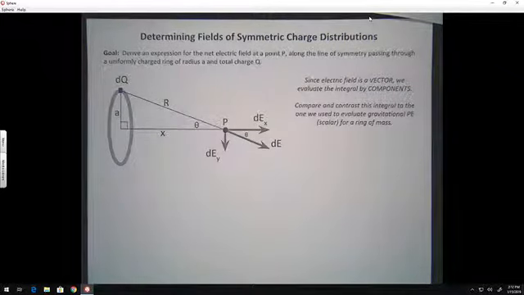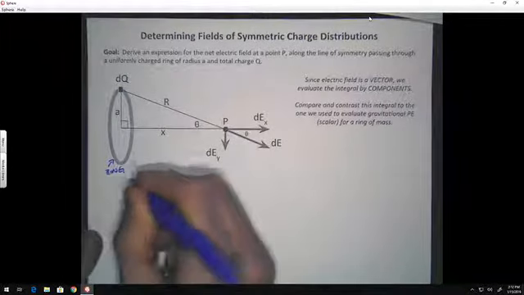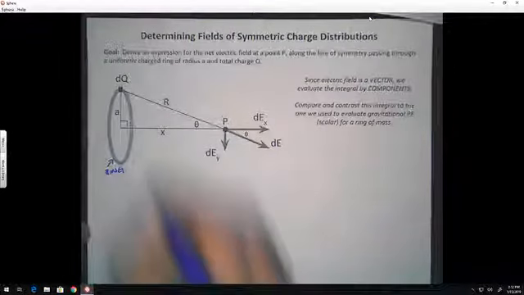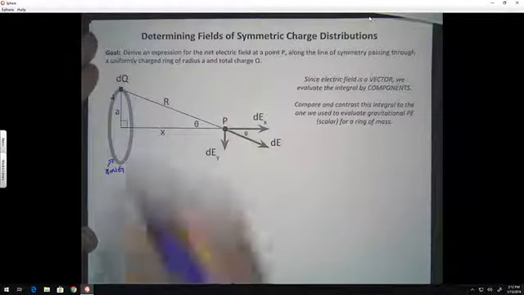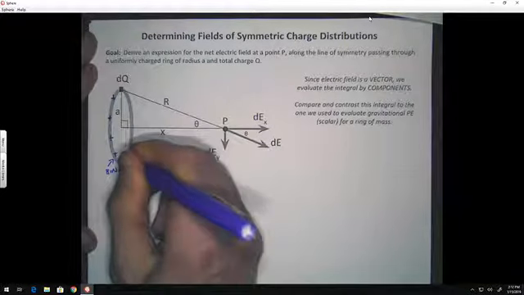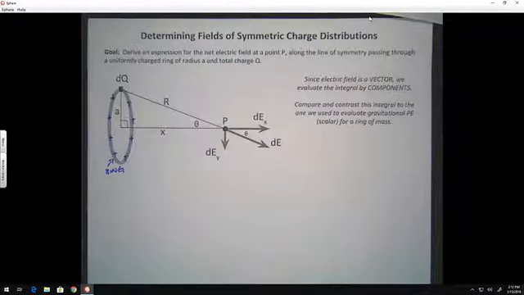Now, the ring itself, of course, this is the ring. And the assumption that we're going to make is that the charge is uniformly distributed around the ring. So why don't we assume that it's positive charge? So I could draw little pluses, and that kind of shows that the charges are spread out.